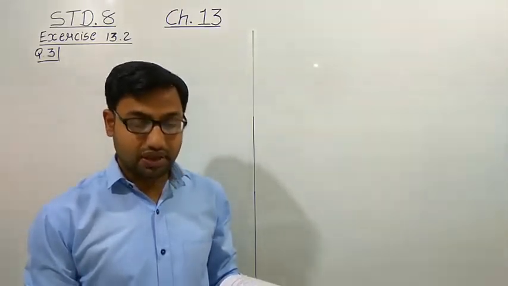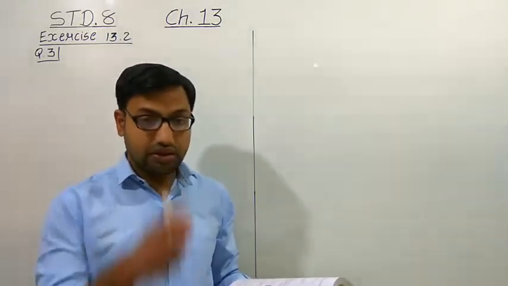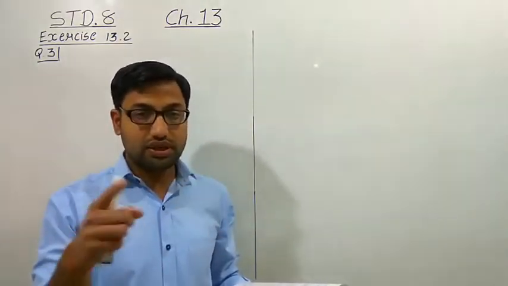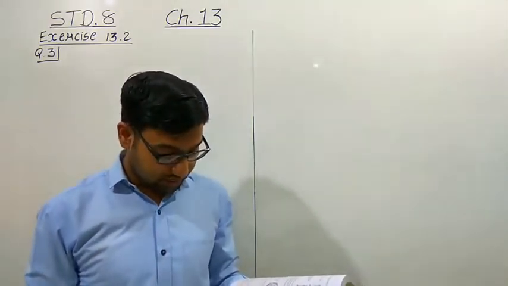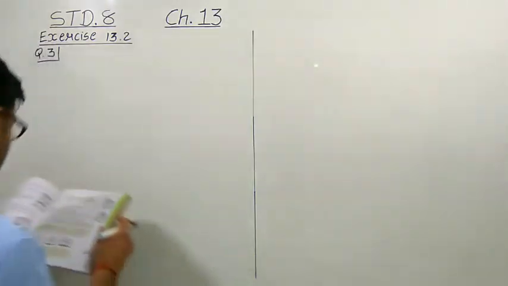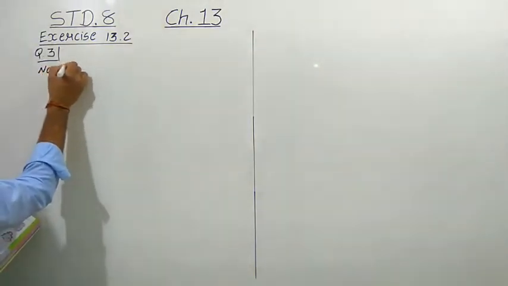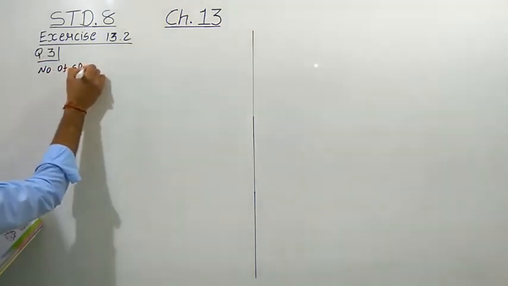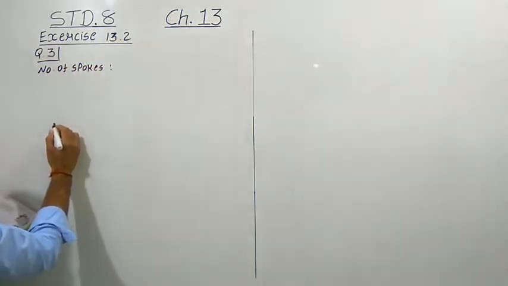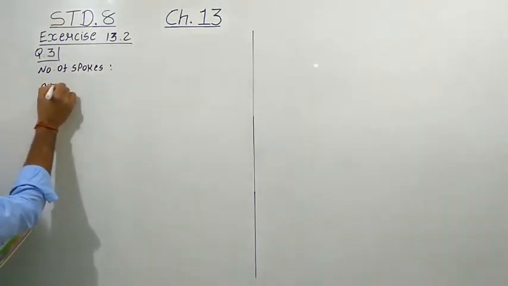So three pictures are given there, three circles are there. In the first circle there are four spokes, so the total circle is divided into four equal parts. Here we have given two rows. First is number of spokes, and second one is angle between a pair of consecutive spokes.